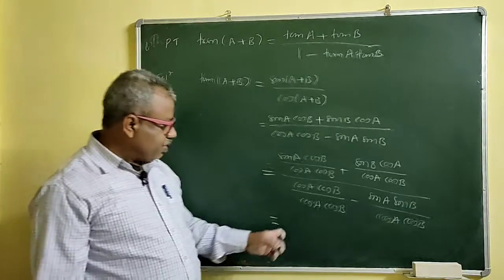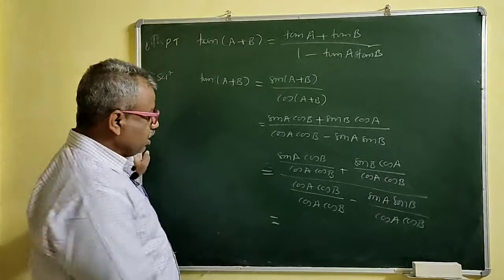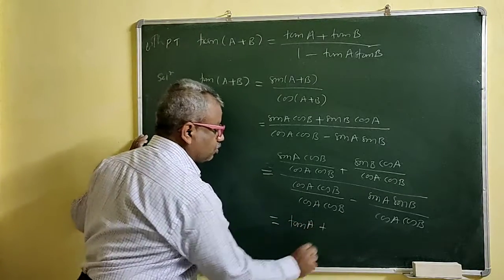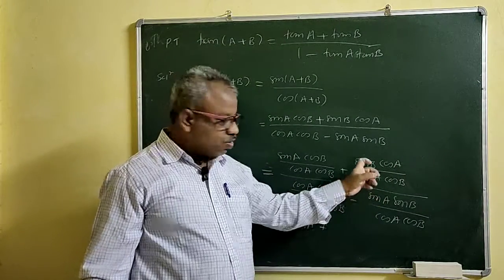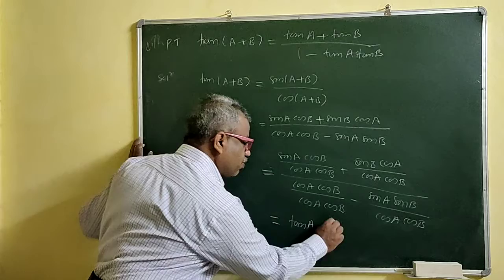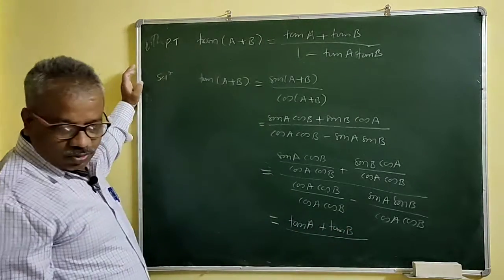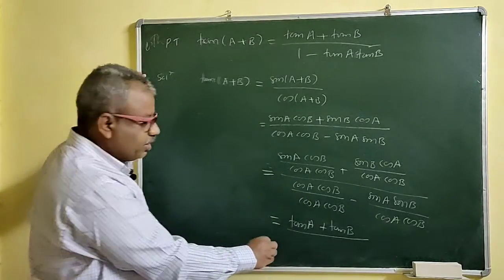So what we get now here? Your cos B gets cancelled here, right? So what we get then here? Tan A plus, now here cos A cos B gets cancelled, right? Sin B upon cos B is your tan B now, upon. Both are the same now, get cancelled.